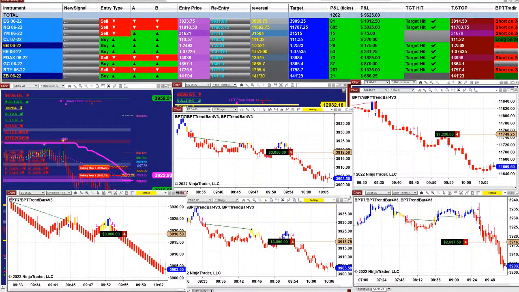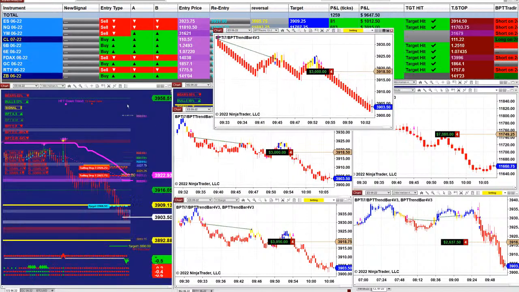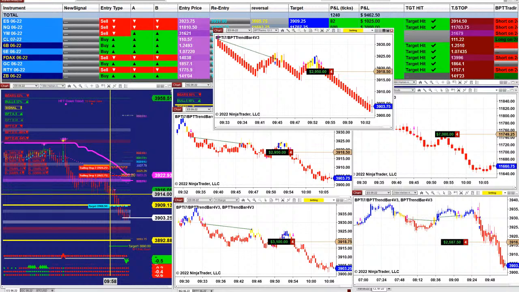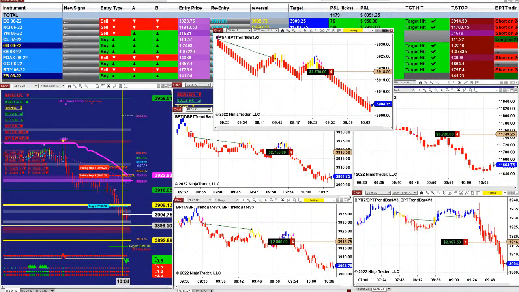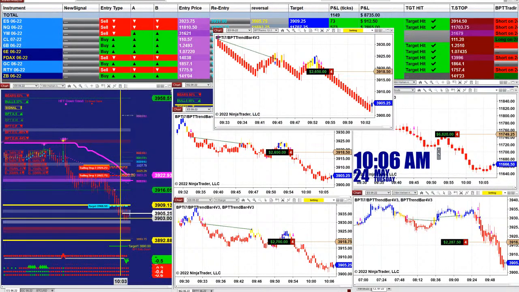So if we look at this, this is the bottom on the ES, and at the moment it is 10:06, and there is nothing left.